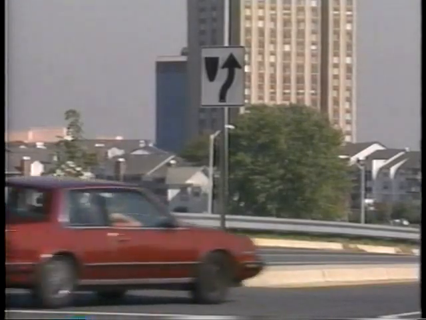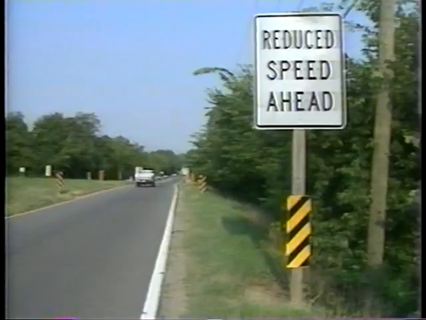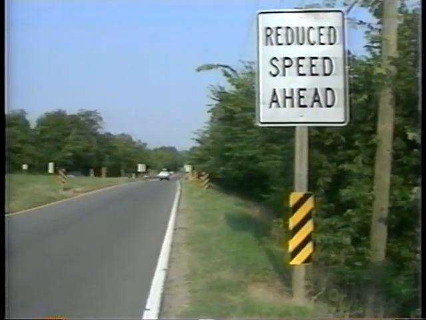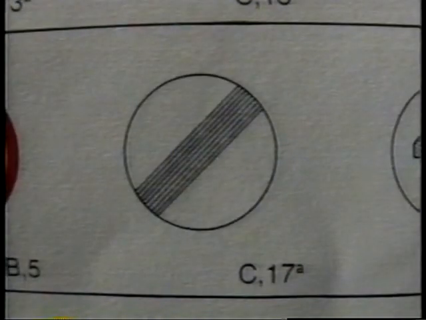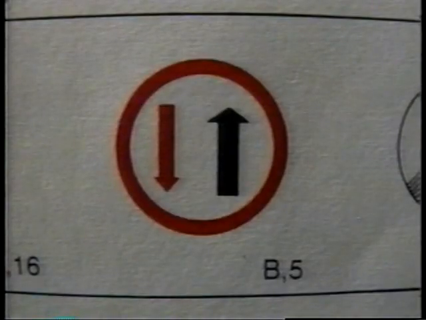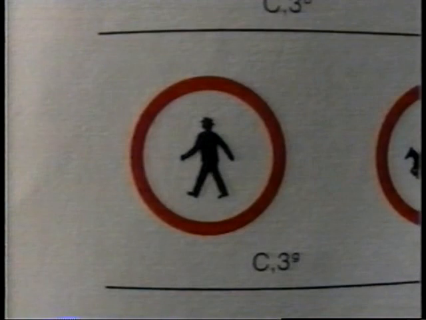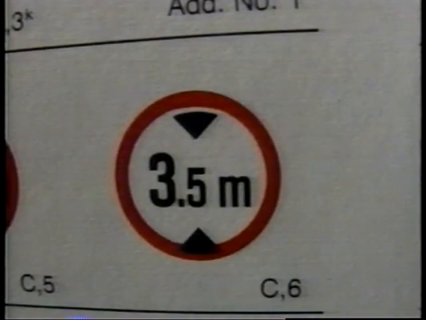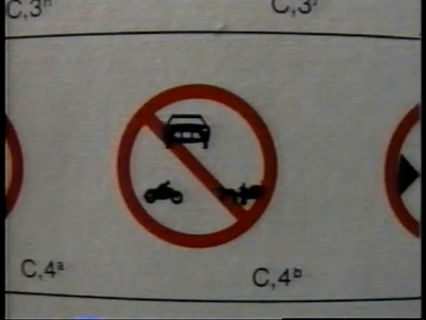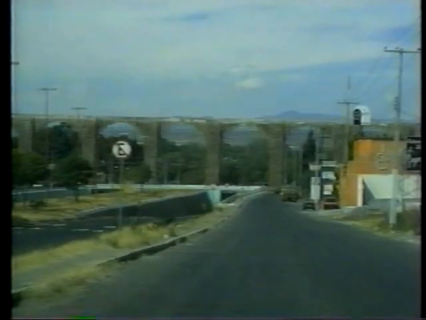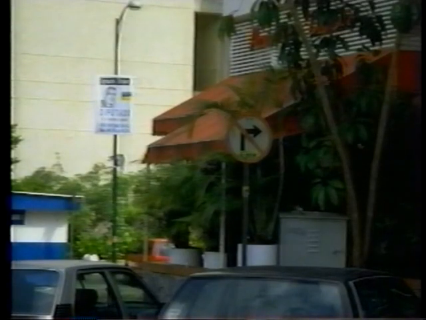The major difference is that regulatory signs in the U.S. system are rectangular as compared to the round shape for European and Latin American regulatory signs. In the European system, regulatory signs inform users of special obligations, restrictions, or prohibitions. Latin American regulatory signs are similar to the European system.